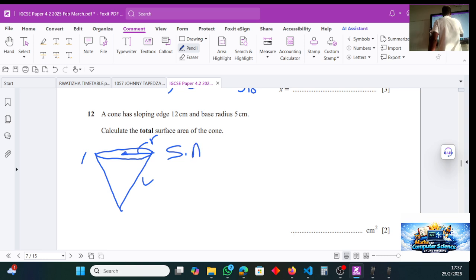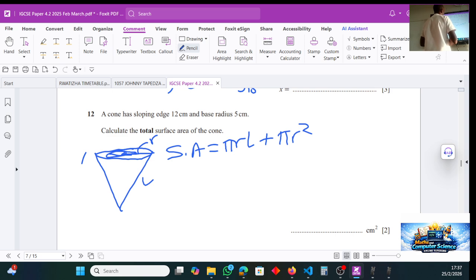So we'll say surface area is equal to pi r L, that's from the curved part, plus pi r squared when we look at the circular part as well.